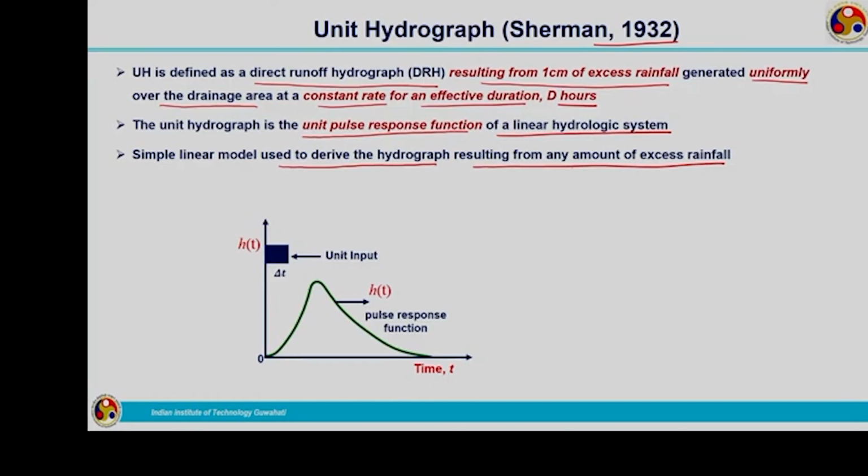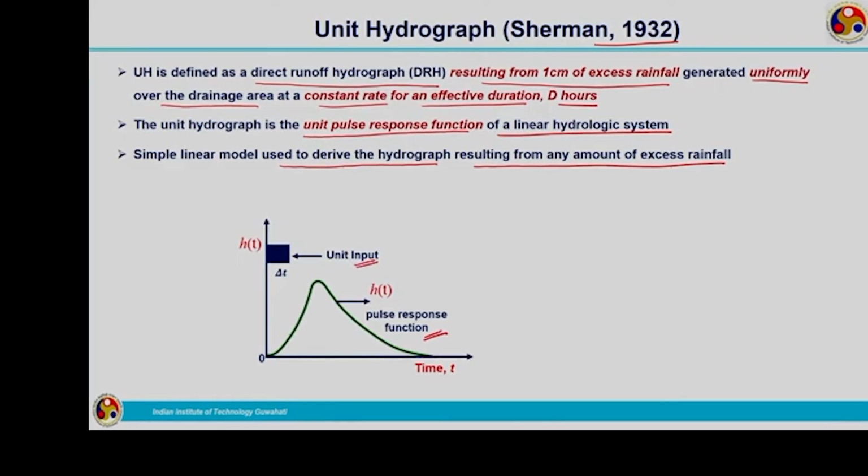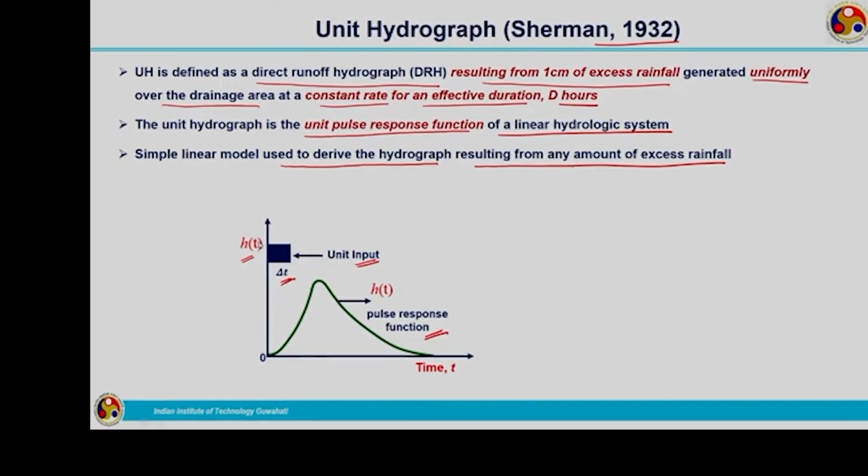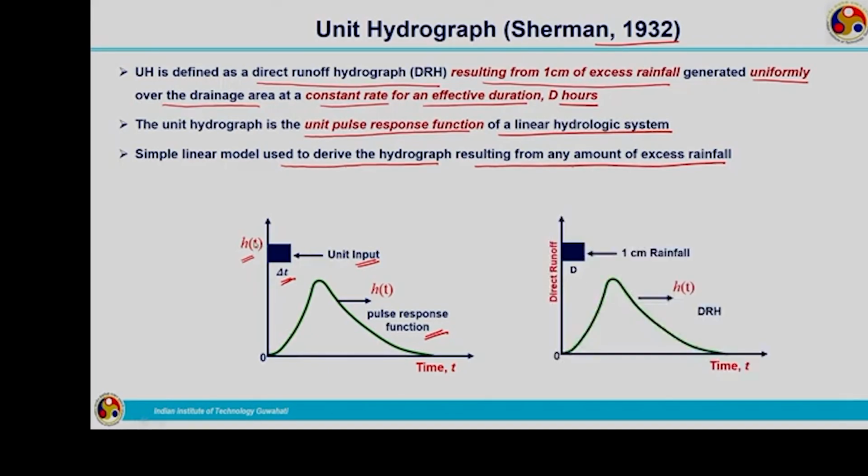This is the figure we saw while explaining the pulse response function. We had a unit pulse input for a duration of delta t. The response produced was represented by h(t), the pulse response function. You can compare it with the unit hydrograph concept: we have 1 centimeter rainfall acting for a duration of d hours.